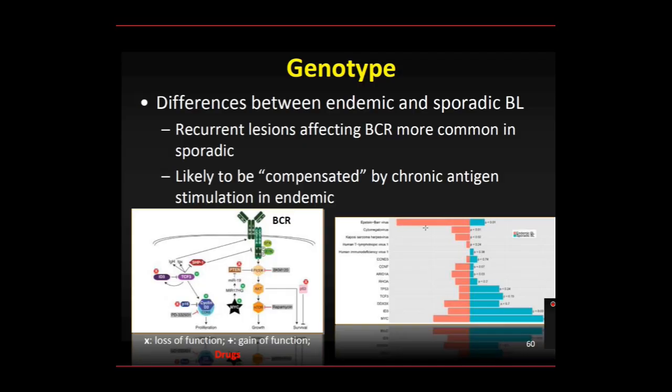So the neoplastic cells do not need BCR mutations, but they have the virus and chronic antigen stimulation. We define it as chronic antigen stimulation because it's probably the microenvironment that supports the neoplastic cells until MYC does the big job.